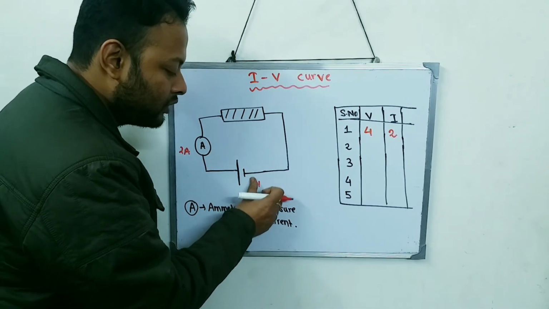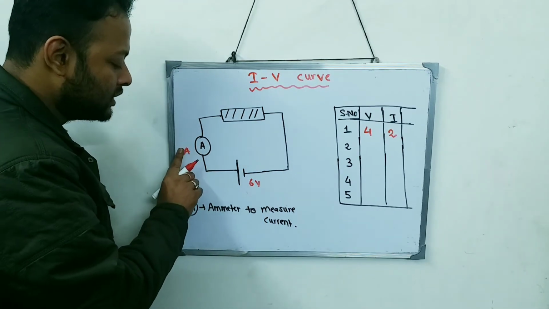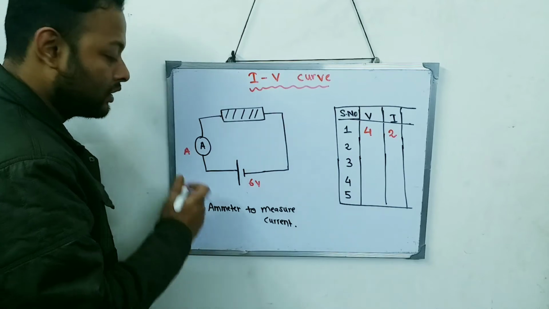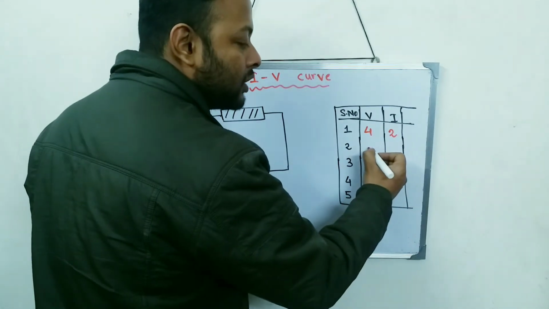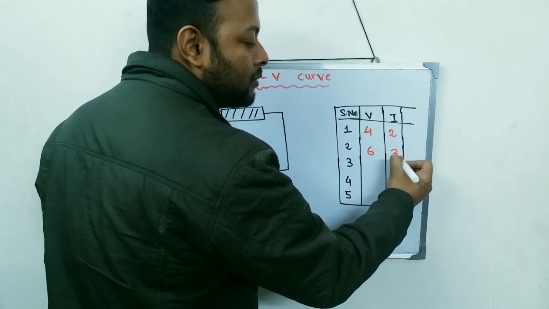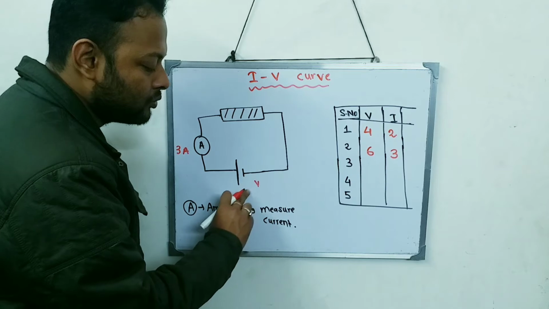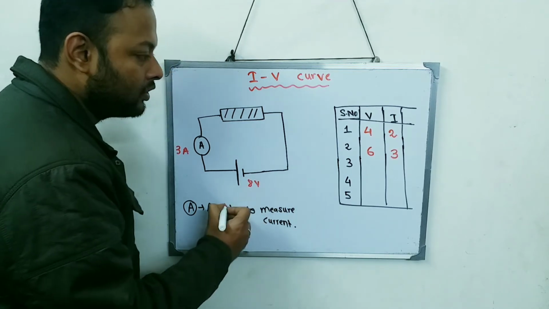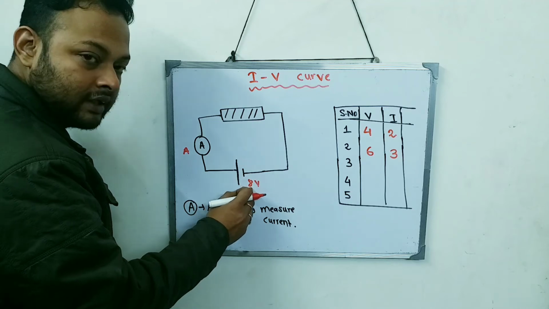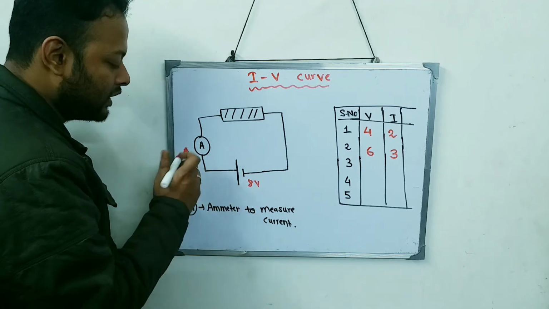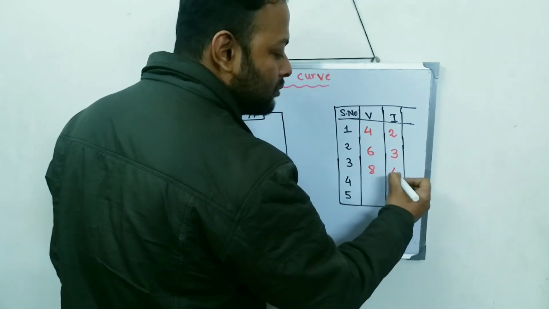Suppose 4 volt became 6 volt, and as soon as it became 6 volt, the current became 3 ampere. So the voltage became 6, and the current became 3. Then you increase the voltage once more to 8 volt, and the current becomes 4 ampere.